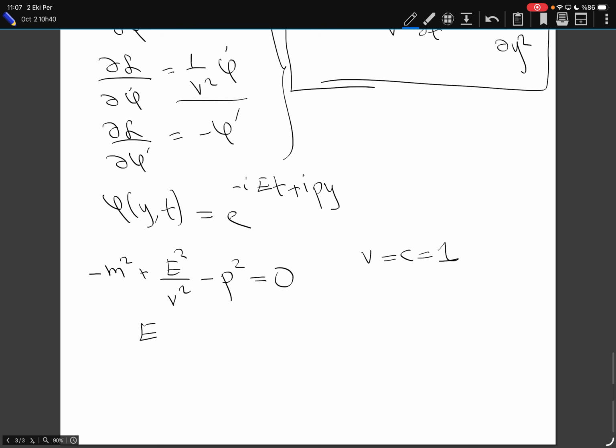The problem is this field does not vanish at boundaries, right? But we assume that it should. Oh, no problem. If you want, I can just put an e to the power minus epsilon times y squared plus t squared, and take the limit epsilon goes to 0. You sure it still doesn't vanish?